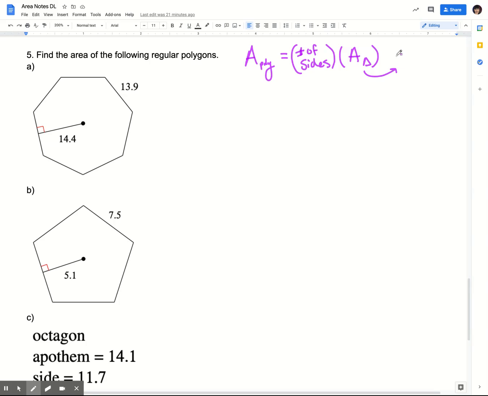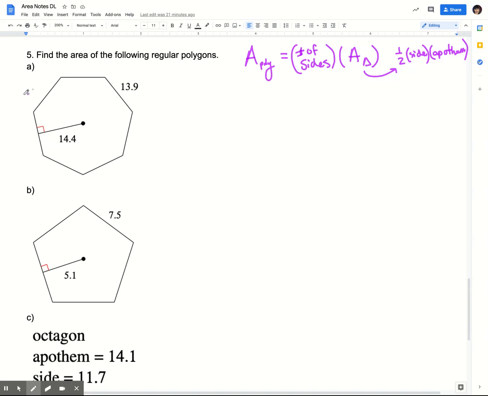Remember, the area of the isosceles triangles that you can create is 1/2 of the base, which is usually the side length, times the height of that triangle. Remember, it has a special name. It's called an apothem. I'm going to do this first example for you right here, and then I'm going to give you a chance to try a couple of the other ones.